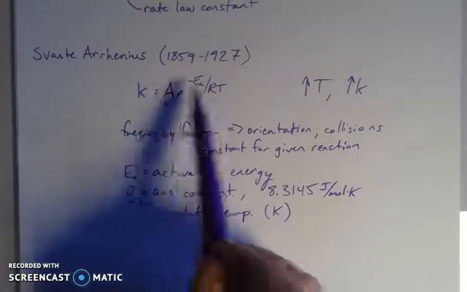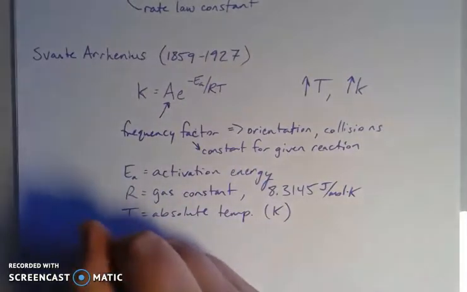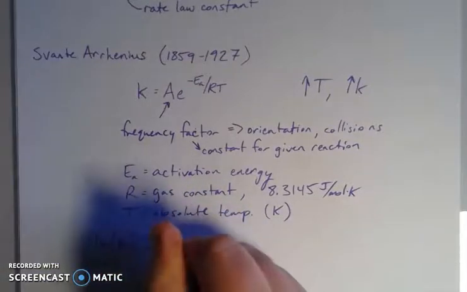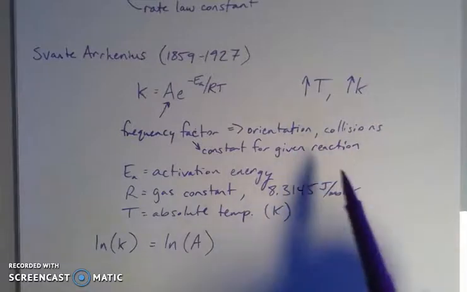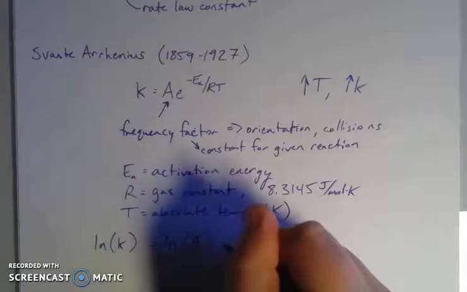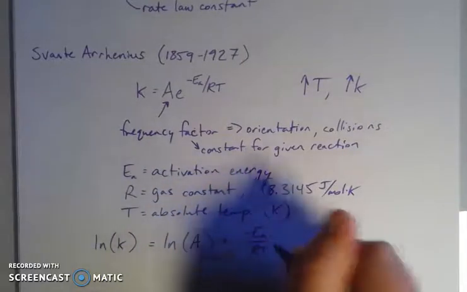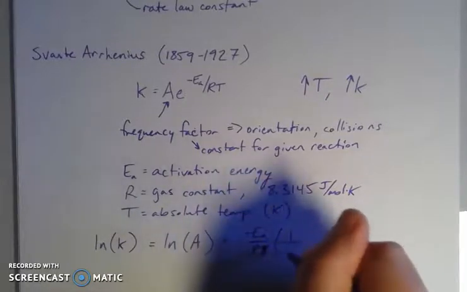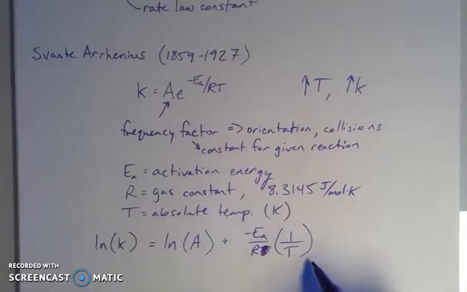So if I undo all of this and take the natural log of both sides, I'd end up with the natural log of my rate constant is equal to the natural log of my A, my frequency factor, which we know is going to be a constant for a given reaction, plus my negative Ea over R times 1 over T. And I'm going to unpack my T here, so instead of putting it there, I'm going to stick it out here by itself.